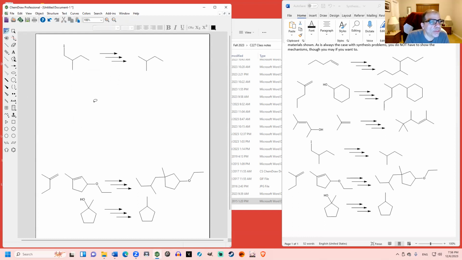Let's do this one first. Here we're converting the carbon iodine bond to a carbon hydrogen bond. And I think the best way of doing that is by making an organometallic reagent from the iodide, either the Grignard reagent or the alkyl lithium, and then just treating it with water.